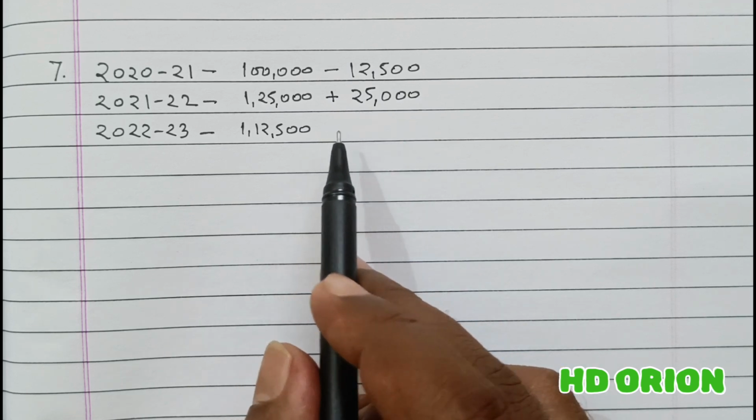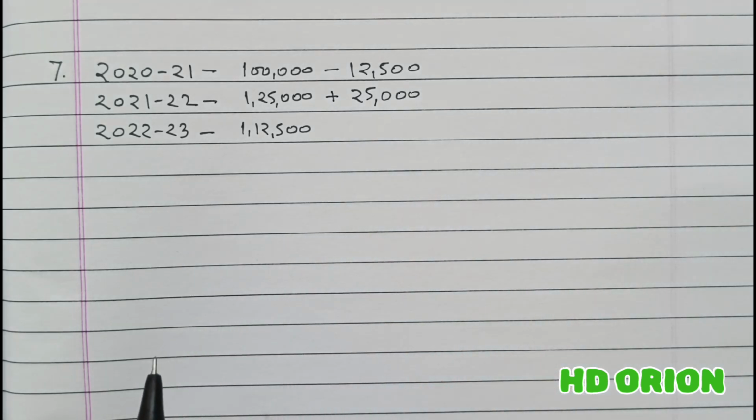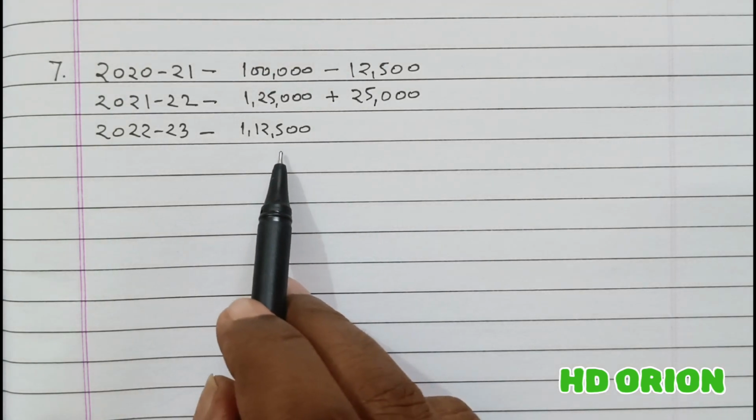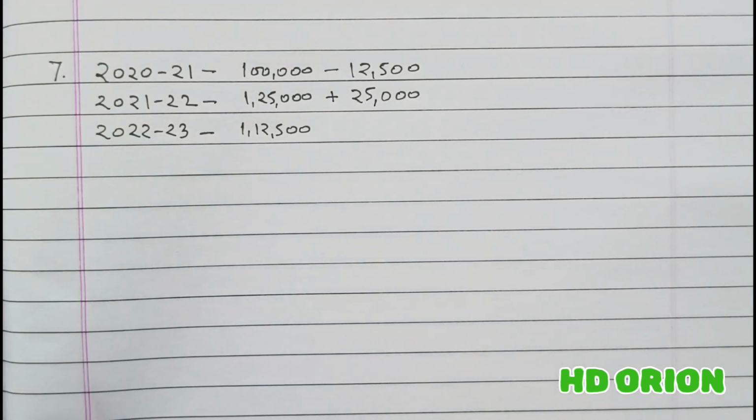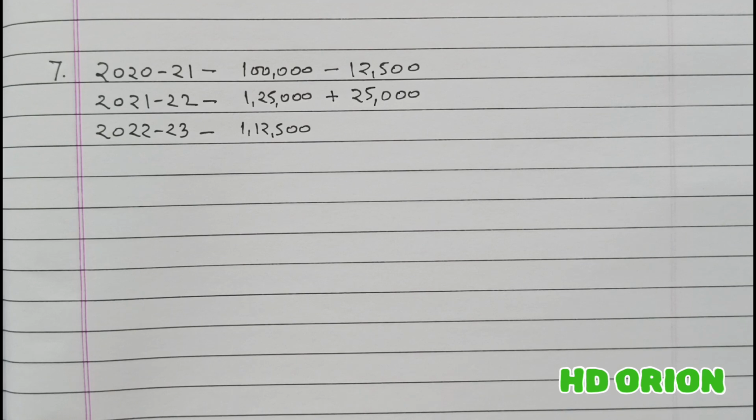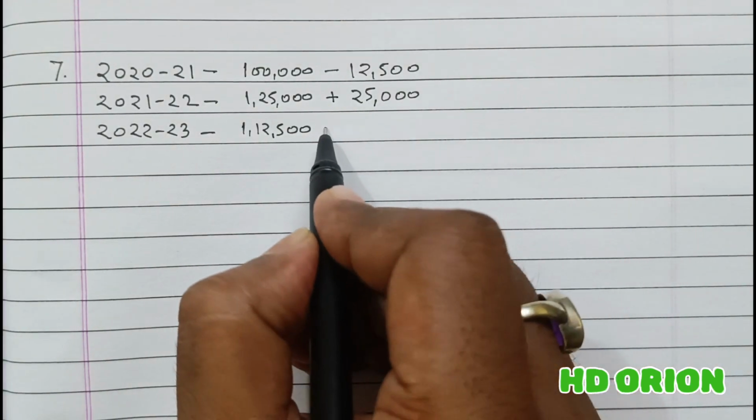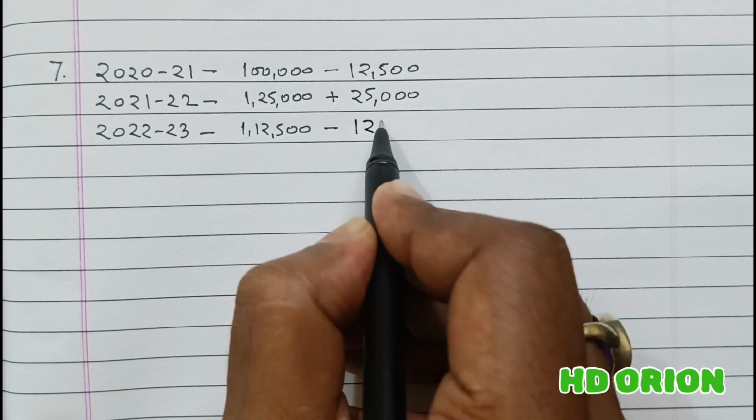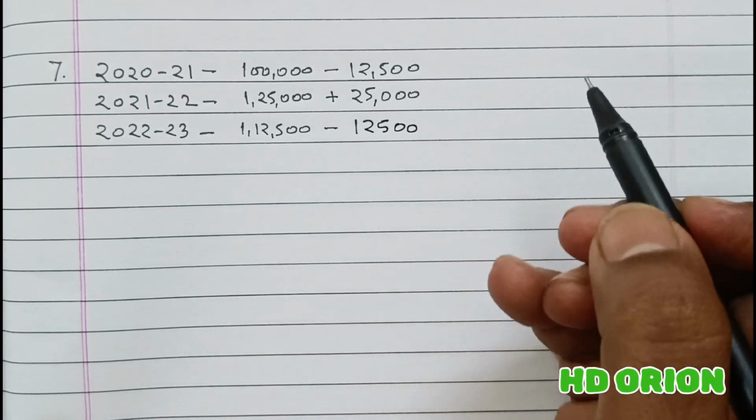Now in the third year, insurance premium is excluded here, but insurance premium is an expense which is to be charged in profit and loss account. Fine, it is an operational expense, so we need to take it into consideration when calculating profit.